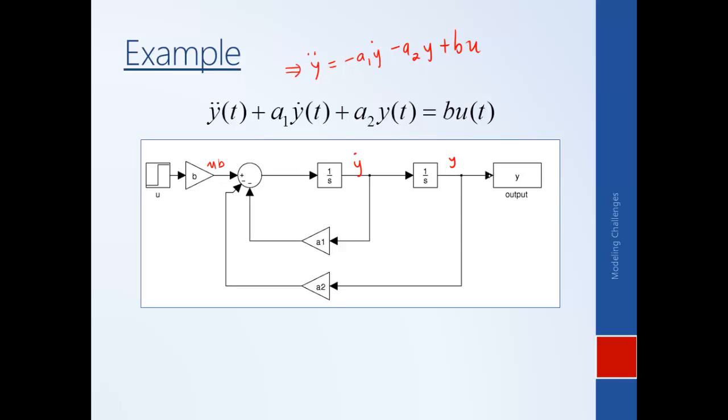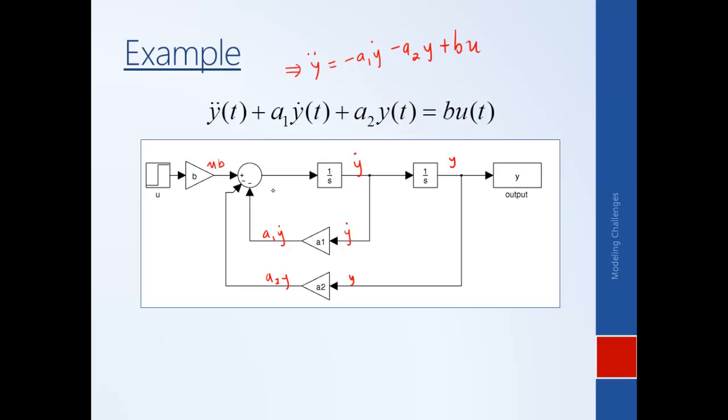This signal y, when we branch it off, the signal remains y. We put it through this gain A2, which multiplies the input signal. And so this signal is A2 times y. Similarly, when we branch off here, this signal is y dot. Multiply it by a gain, and so this signal is A1 times y dot.